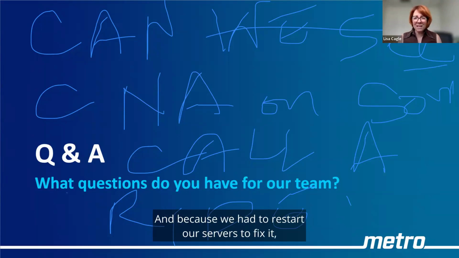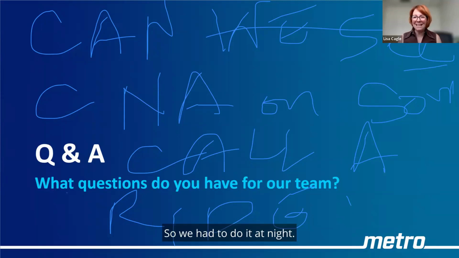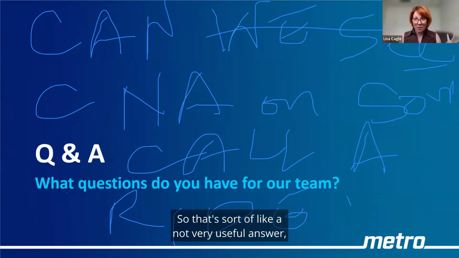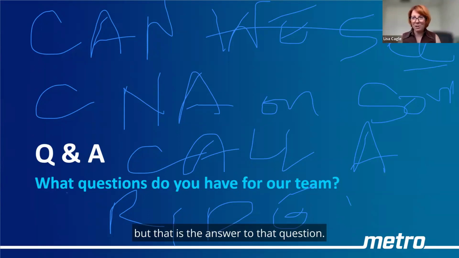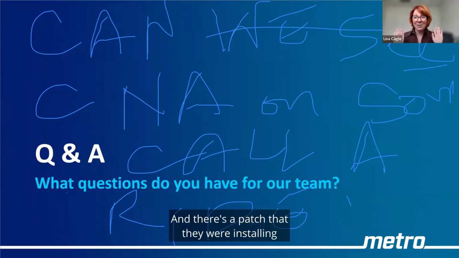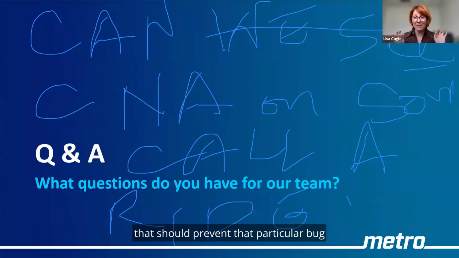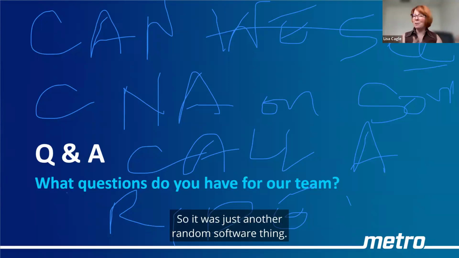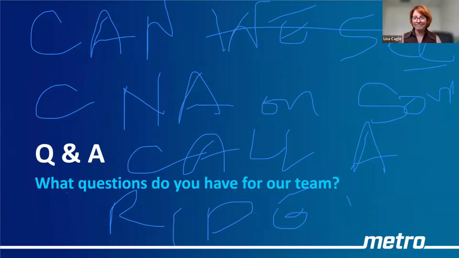Because we had to restart our servers to fix it, we had to wait until basically everybody was off of them, so we had to do it at night. That's sort of a not very useful answer, but that is the answer to that question. There's a patch that they were installing that should prevent that particular bug from coming into effect again. So it was just another random software thing.